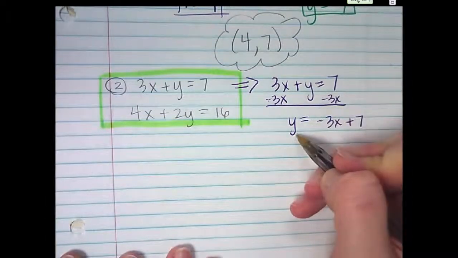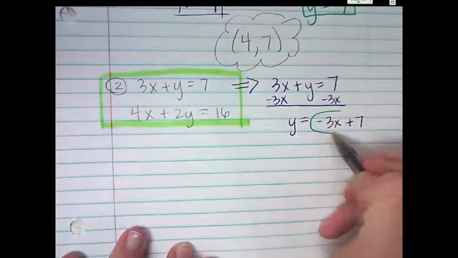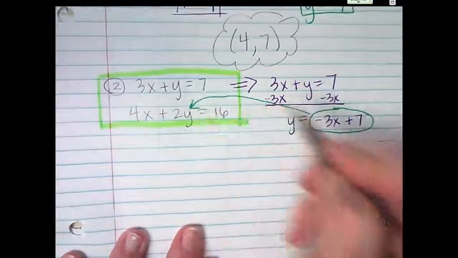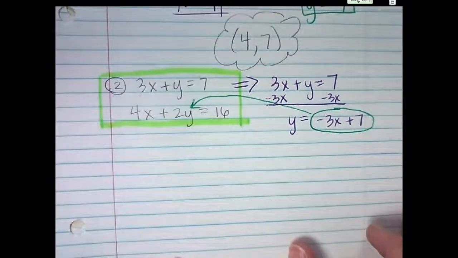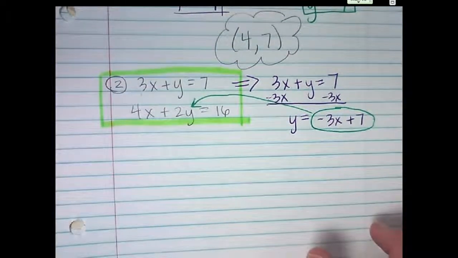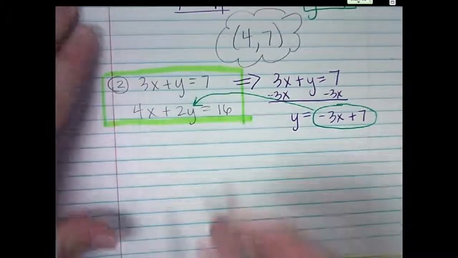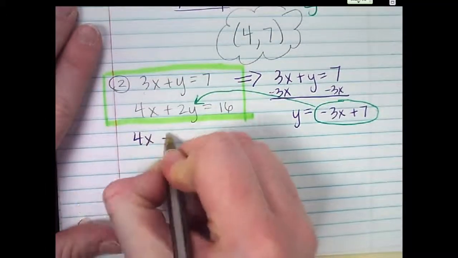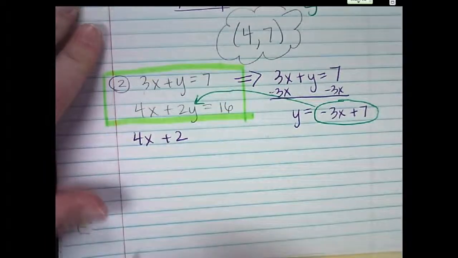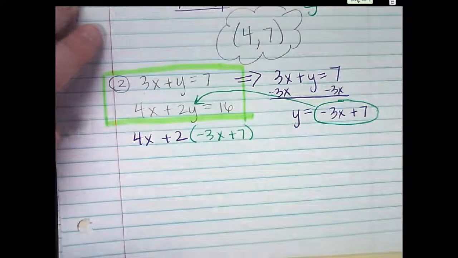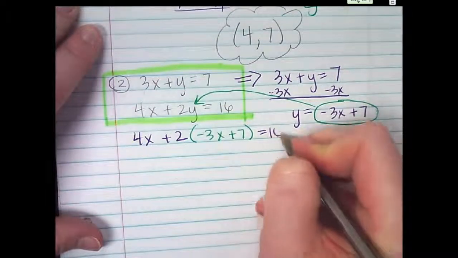So now that I have y by itself, I take this whole thing, negative 3x plus 7, and I put it into the second equation. Same thing, but one step further, we have to get the y by itself. So 4x plus 2 times negative 3x plus 7 equals 16.